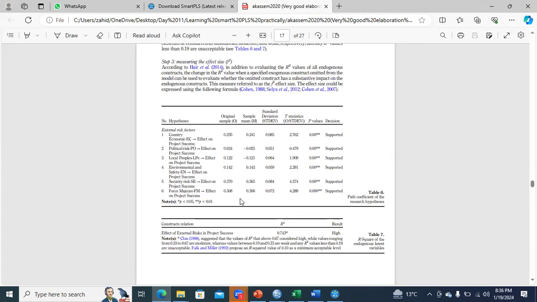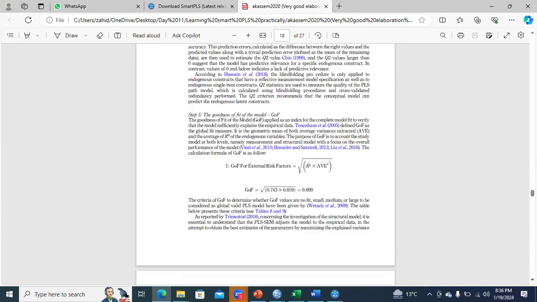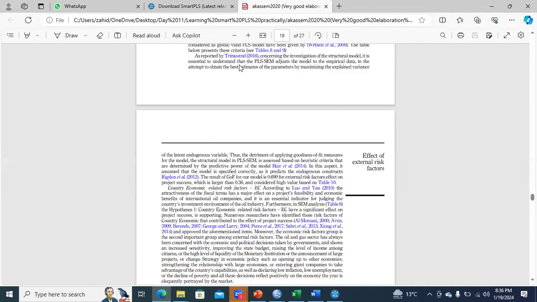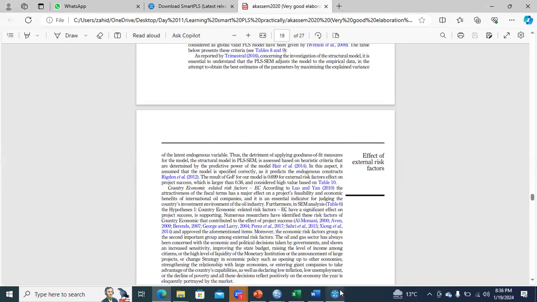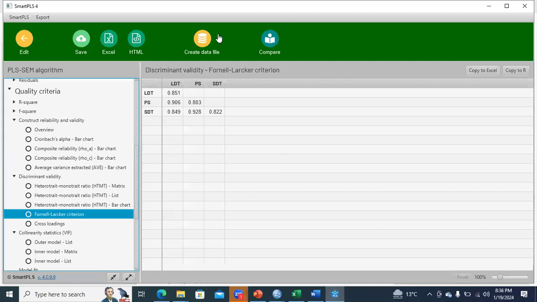Tomorrow I will let you know how you will test your hypothesis and path coefficients using structural equation modeling. So this is all about the basic consideration of Smart PLS. If you have any question, you may ask. Yes, you are free to ask any question relevant to the basics of Smart PLS.